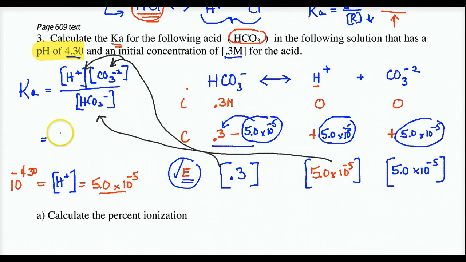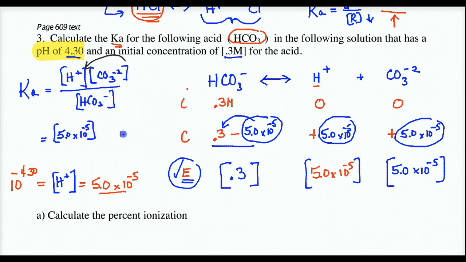So I have 5.0 times 10 to the negative 5 times 5.0 times 10 to the negative 5 all over 0.3 minus this number, or just 0.3, because this number is not going to change significantly. And you can make that approximation.